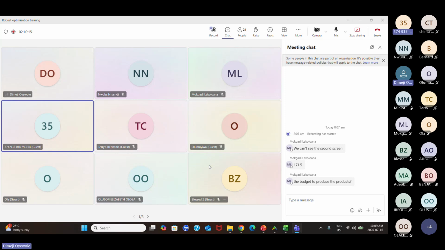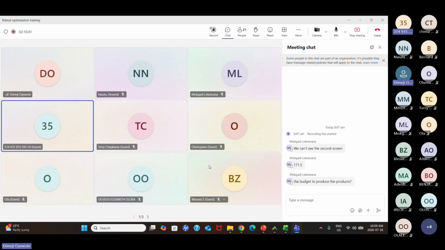Now, for example, if you have many parameters in that model that are subject to uncertainty, robust optimization can do that for you at the same time. Unlike sensitivity analysis, where you say, okay, I want to change this quantity at this particular time, and when I'm done changing this quantity, I will change the other quantity, and so on.